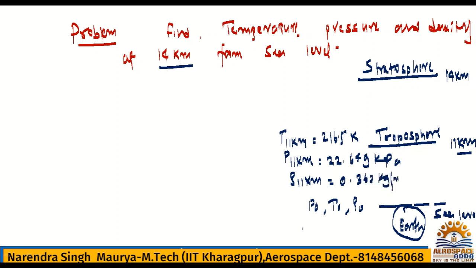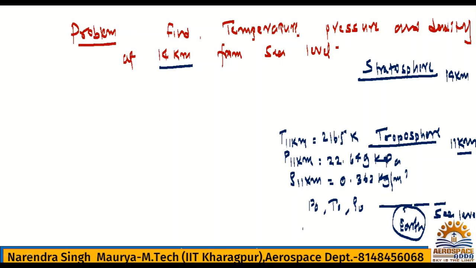So in the exam, it is better if you remember the data at 11 kilometer, then directly you can use it. Otherwise, they will ask for the value in the stratosphere, but if you don't know the data at 11 kilometers, you have to use the troposphere formula and calculate all the data like T11 kilometer, P11 kilometer and rho 11 kilometer.